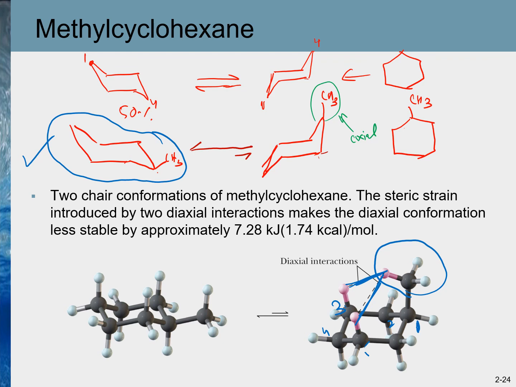These interactions are known as 1,3 diaxial interactions. These diaxial interactions make the large methyl group at axial position unstable, so this is not preferred. Therefore it adopts the other chair geometry in which the methyl group is at equatorial position and is now far away from those interactions. So diaxial interactions do not exist in this conformation.